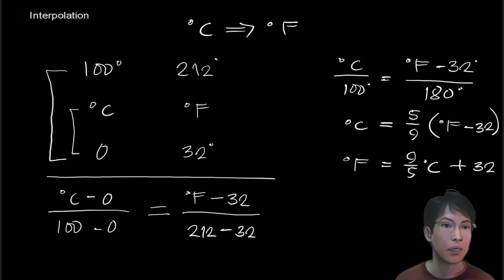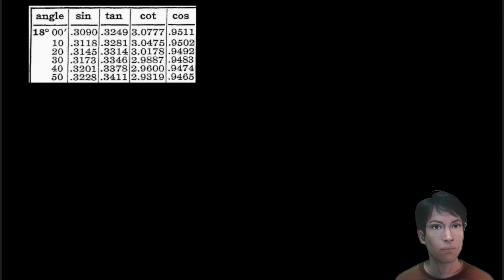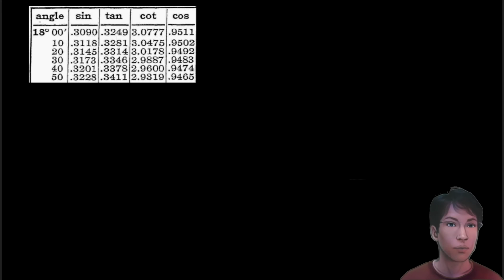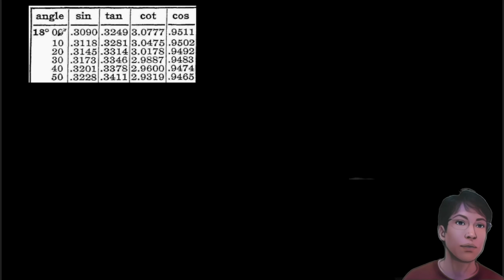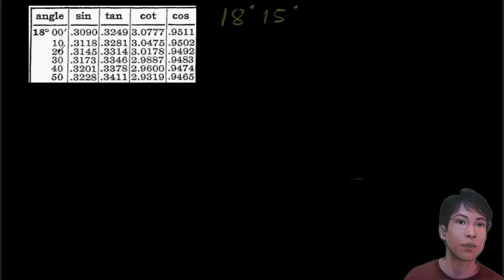Let's have a sample problem. I want to get from the table the sine of 18 degrees 15 minutes, without using my calculator.